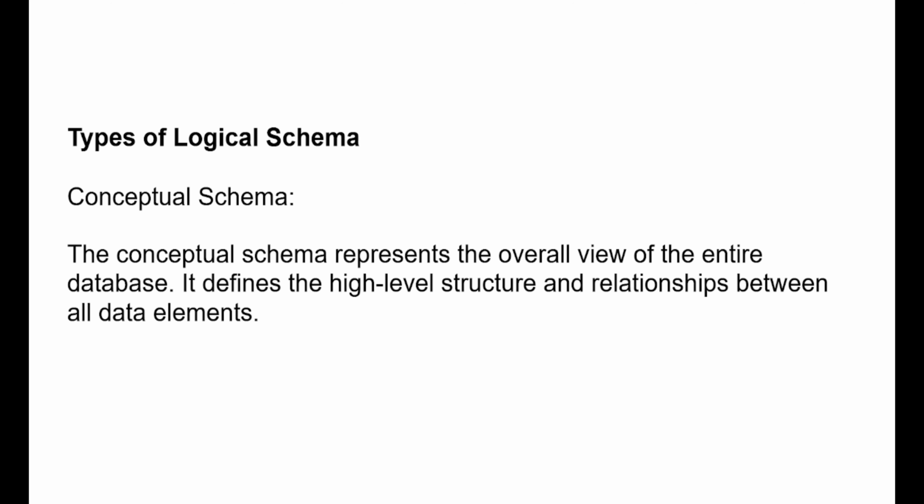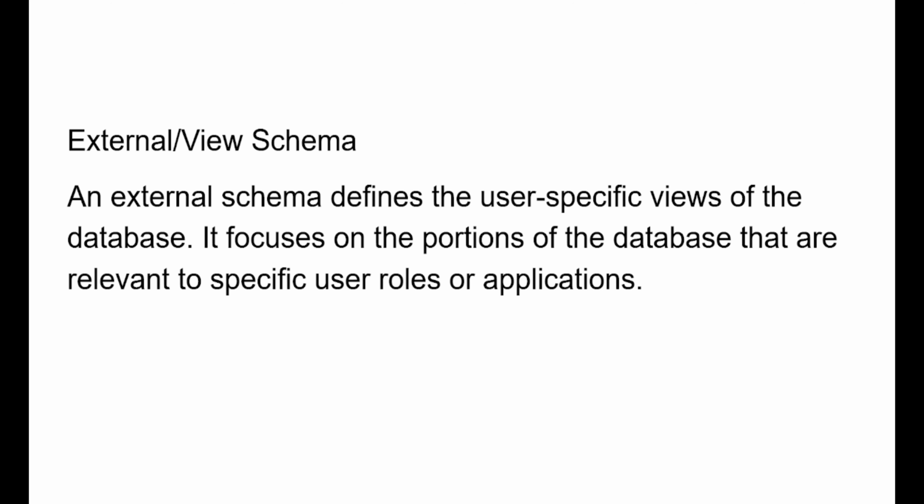For example, in a university database for a student portal, we will have a student profile with student ID, student name, student address, and the courses that he or she enrolled in. This view provides the student access to their data.